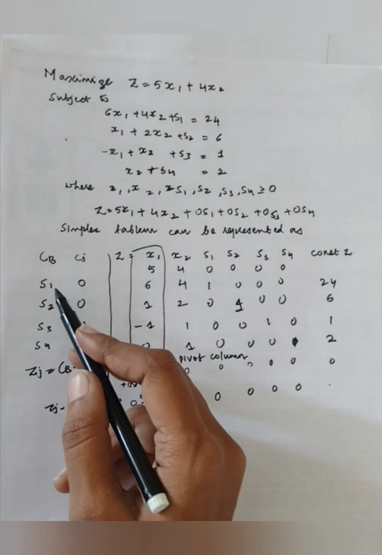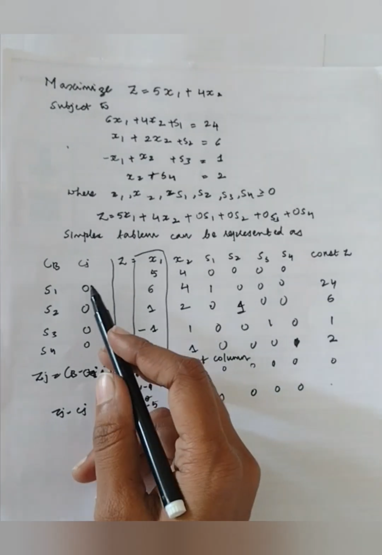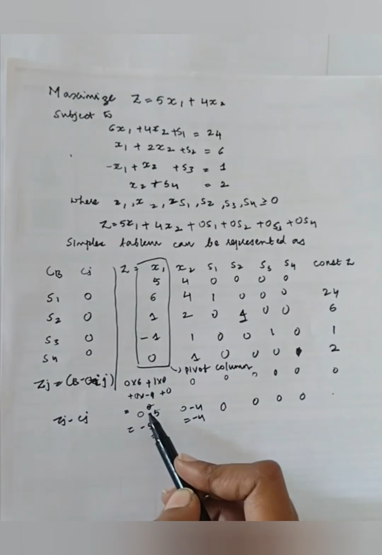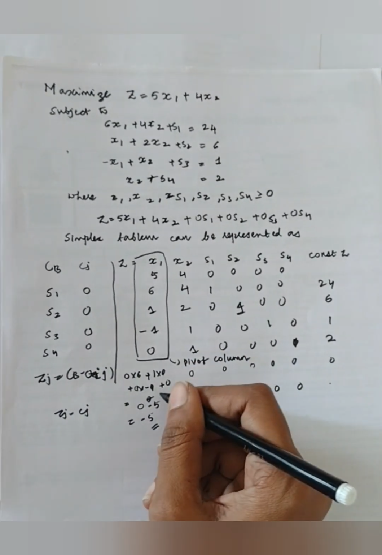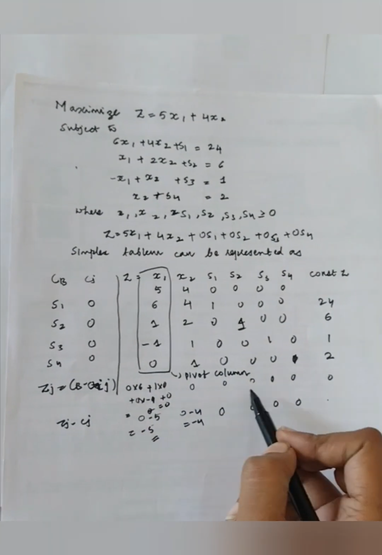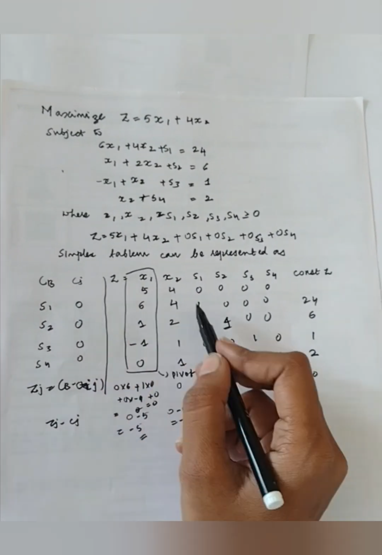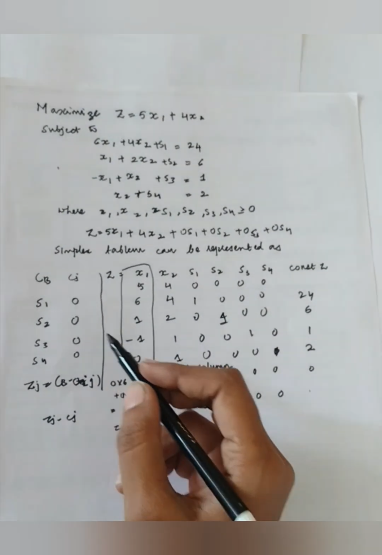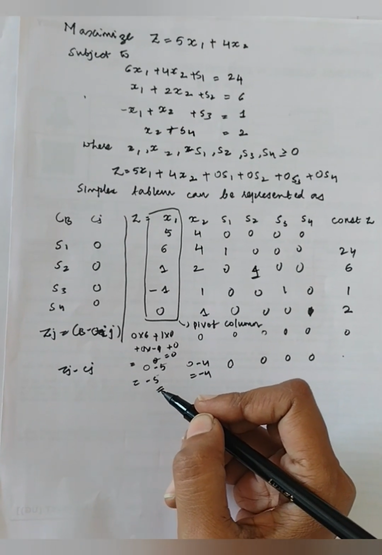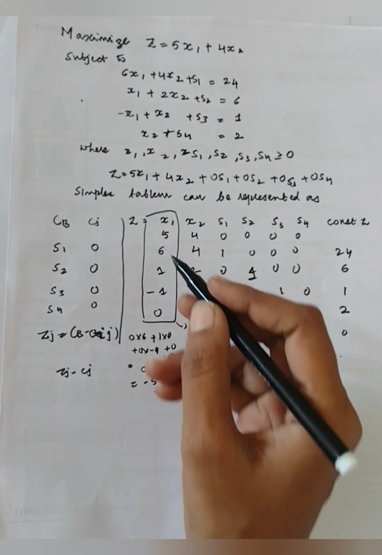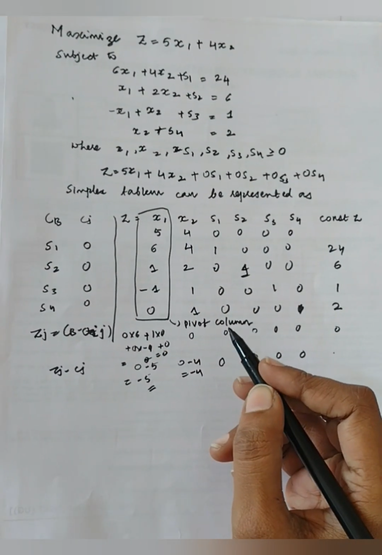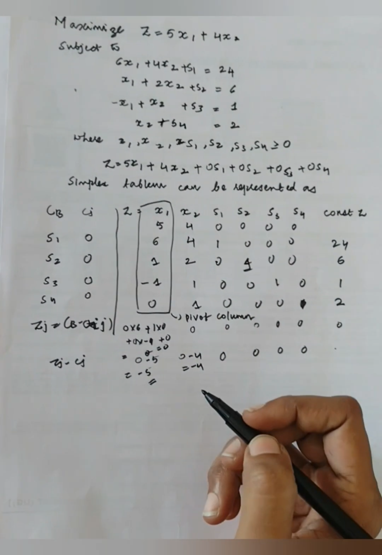Now to find Zj, we take Cb times the column entries: 0 into 6, plus 0 into 1, 0 into minus 1, 0 into 0, we get 0. Likewise 0 into 4, 0 into 2, 0 into 1, 0 into 1, all are 0. Then Zj minus Cj gives 0 minus 5, 0 minus 4, and 0 for the rest.